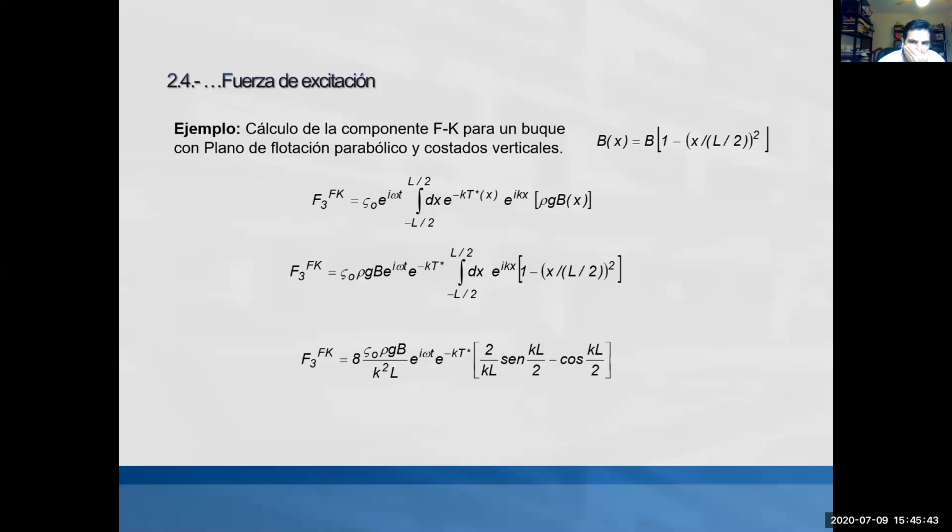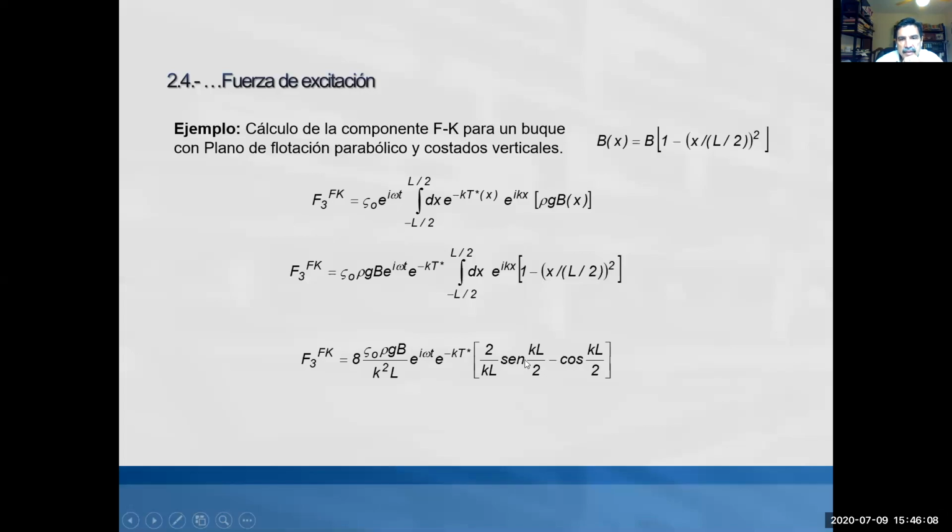You have to be very careful because the units are kind of complex. This is the expression to evaluate the Froude-Krylov component. It's something very interesting because you have this trigonometric, sinusoidal behavior. You see that KL and cosine KL.